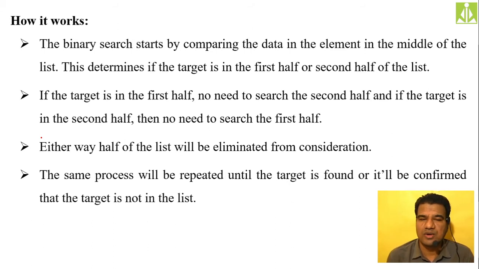Now there is no need to compare every single element in the list, as the list is already in sorted order, and we are finding the middle element. If you compare with the middle element and find that the target is less than the middle element, then no need to go for the second half. We can search only in the first half.